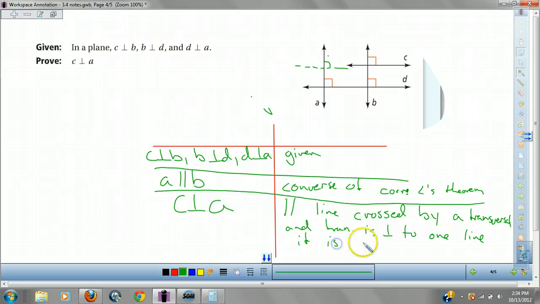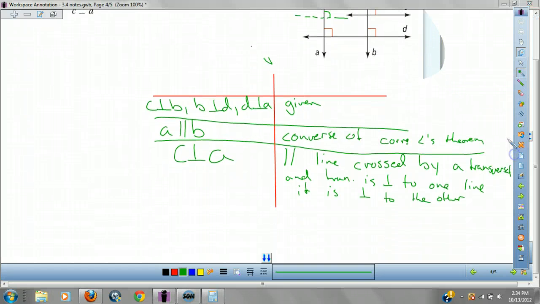It's theorem 3.9, the perpendicular transversal theorem. It is perpendicular to the other. So we proved these two are parallel. Then we said, well, C is perpendicular to B, so it has to be perpendicular to A. Again, look on page 166, guys, for the other one. We're going to talk about that in class too. Again, this was 3.9.